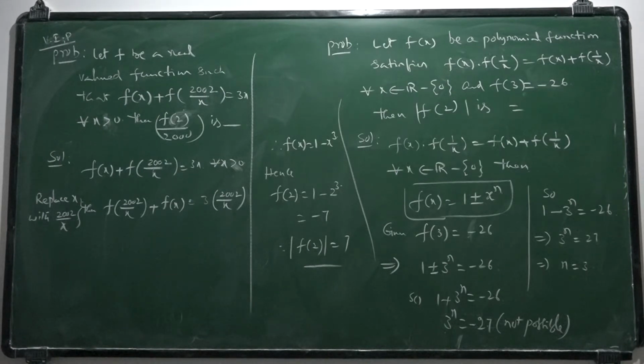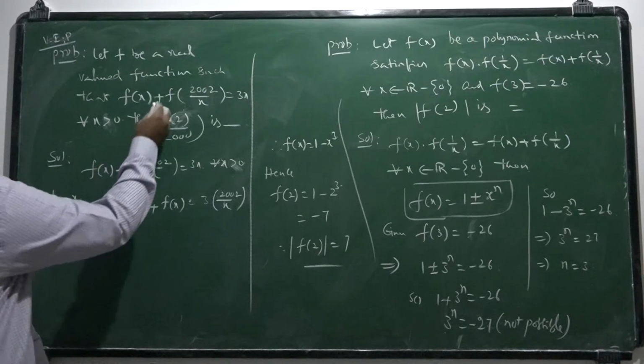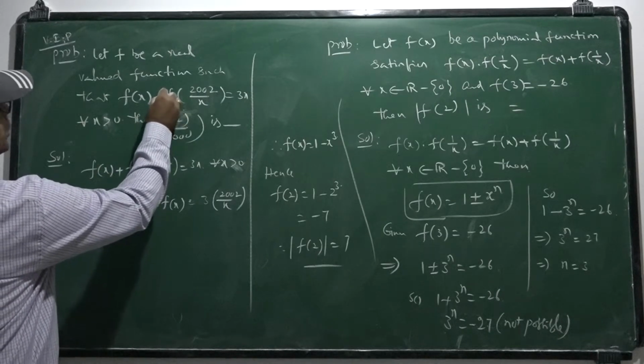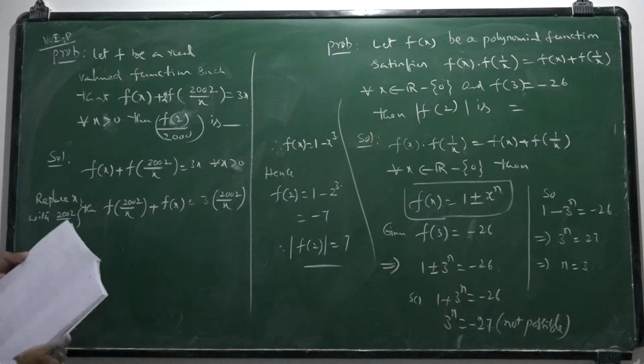One minute. Actually, the function is actually 2 into f(2002/x), that 2 was missed here.